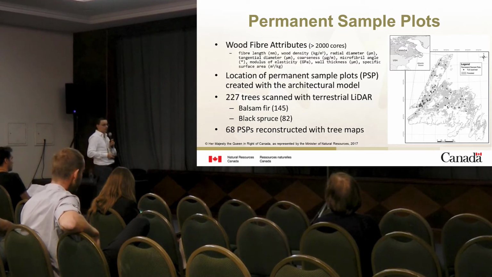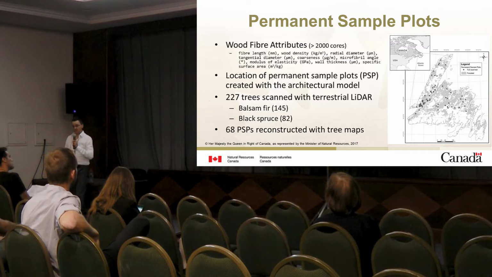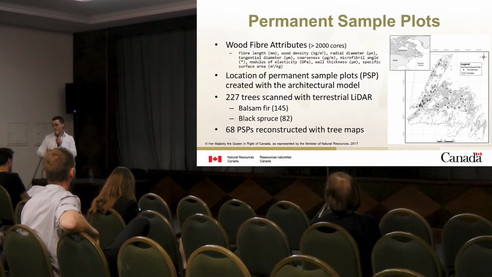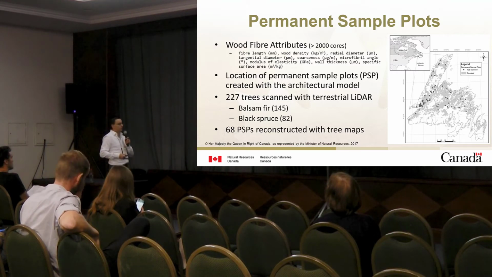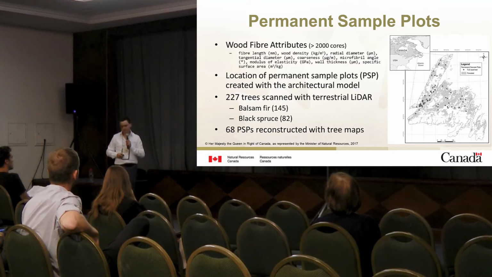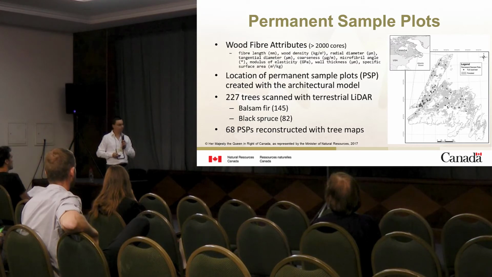There were a lot of data sets taken from the inventory, plus additional wood fiber attributes that were taken from trees outside these PSPs, and the scans of individual trees were also taken on those trees that were cored outside the PSP. A subset of those trees were scanned, 200 trees, and we had collected tree map locations on PSPs to be able to reconstruct the plot structure as well.